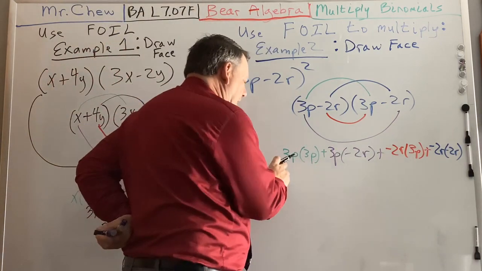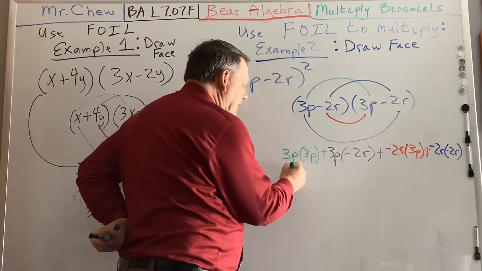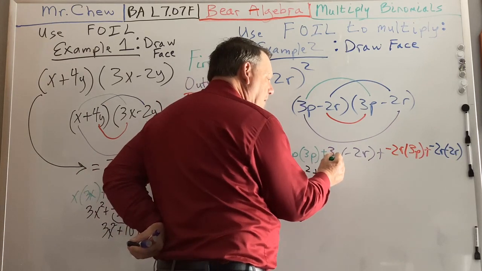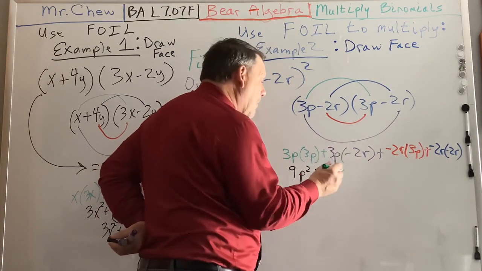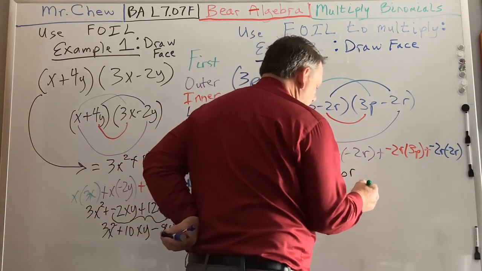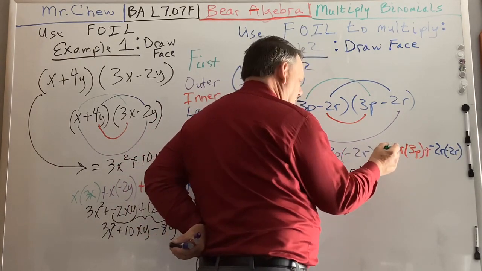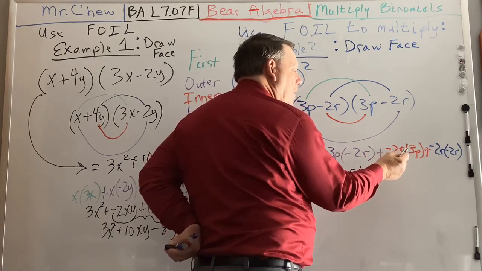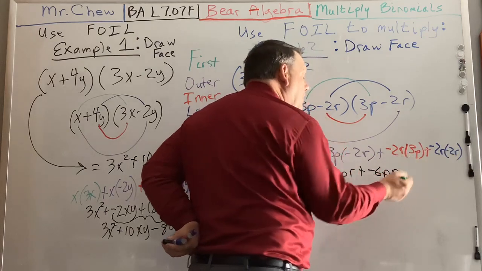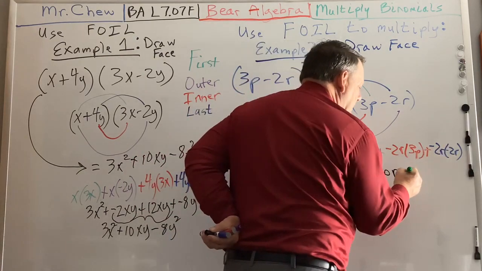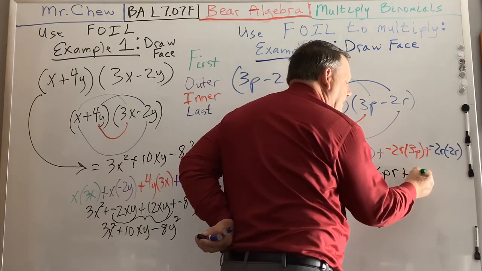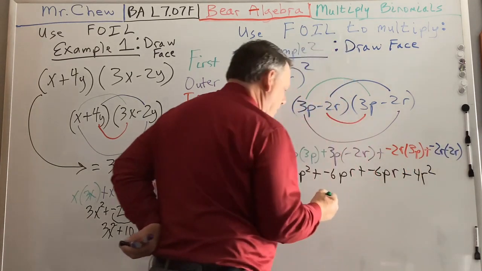So first let's simplify. 3p times 3p is 9p squared. 3p times negative 2r is negative 6pr. Negative 2r times 3p is negative 6pr. And I know that's rp, but it's the same as pr. Plus negative 2r times negative 2r is a positive 4r squared.